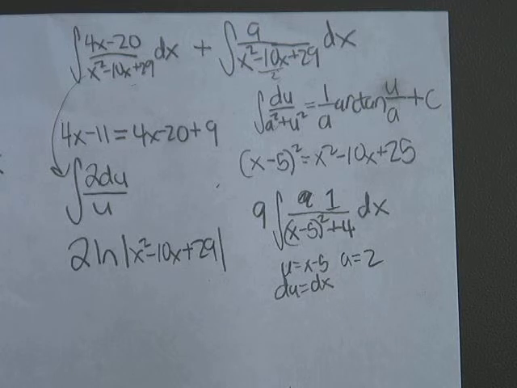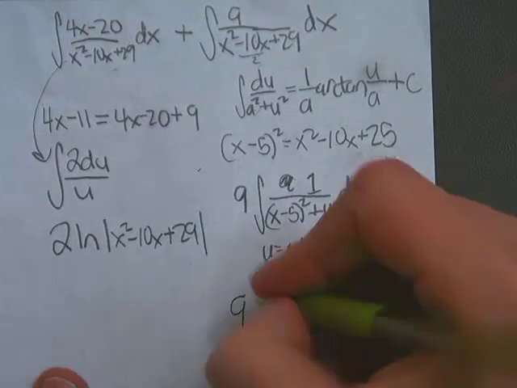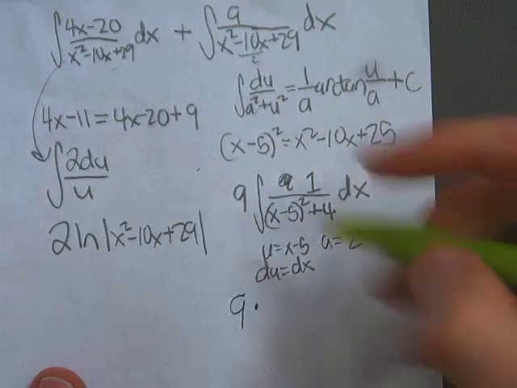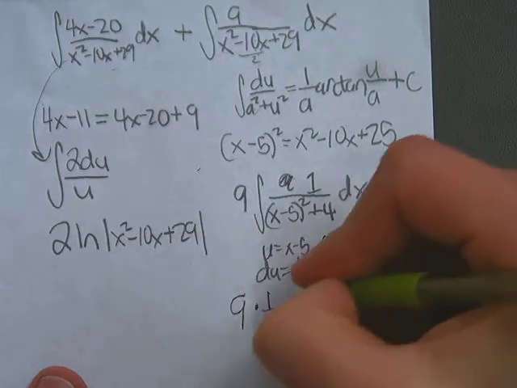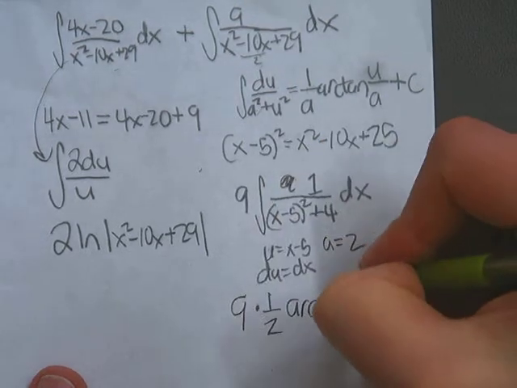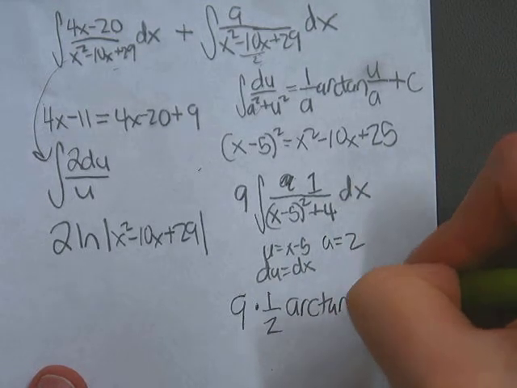And so if I integrate this, I get 9 times 1 over a is the first thing I get. So 1 over a is 1 over 2 times the arctan of my u, x minus 5 over 2, plus c.